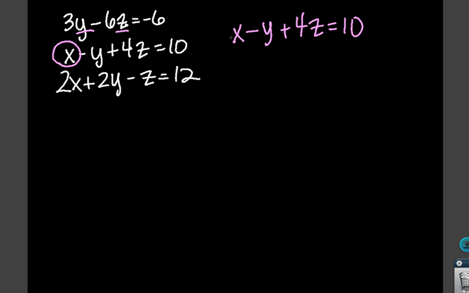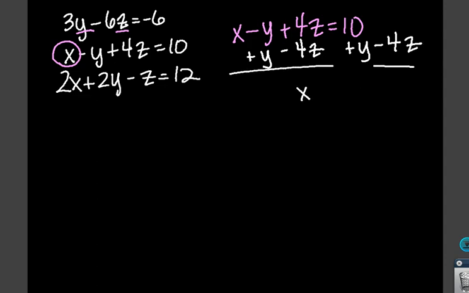So how do I isolate x here? Add y to both sides and subtract 4z from both sides. And that gives us x equals y minus 4z plus 10.